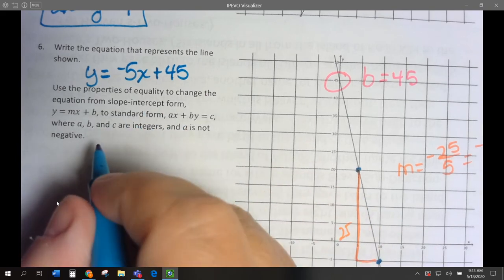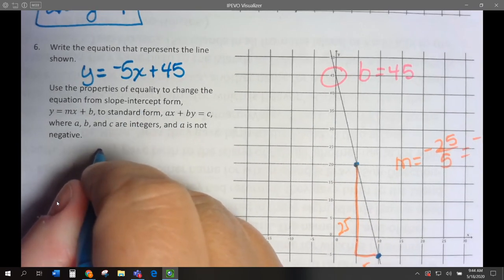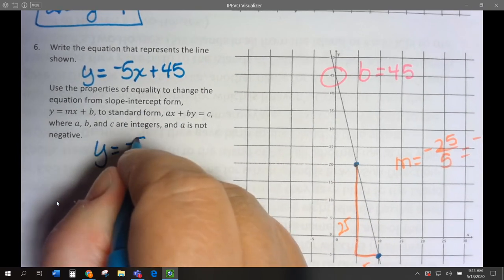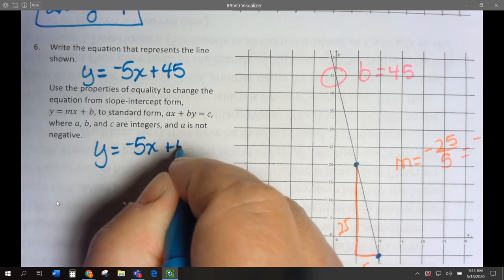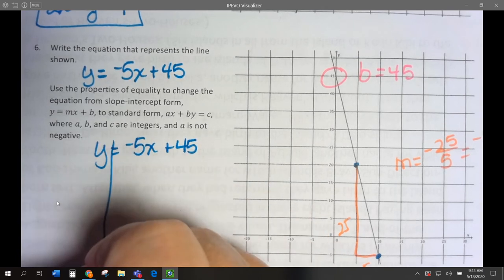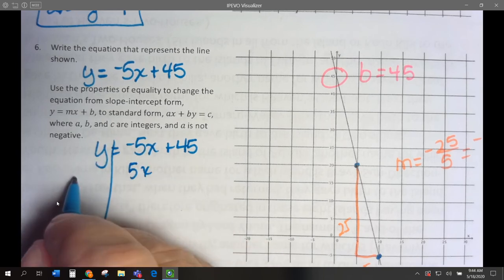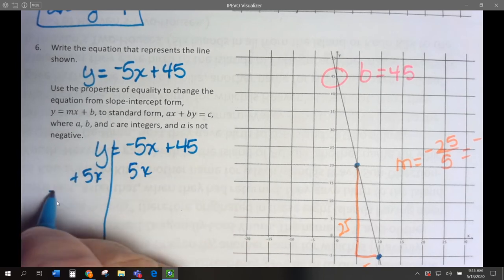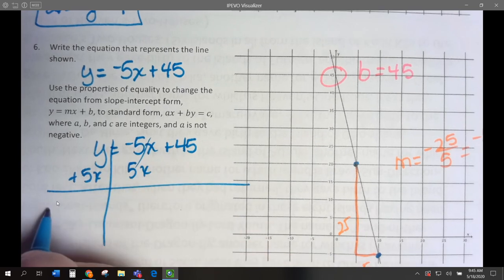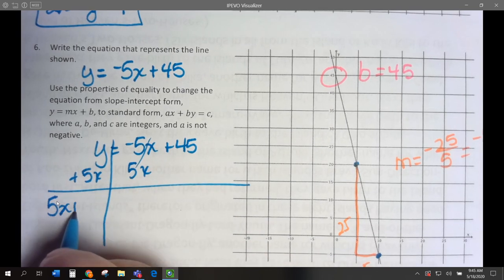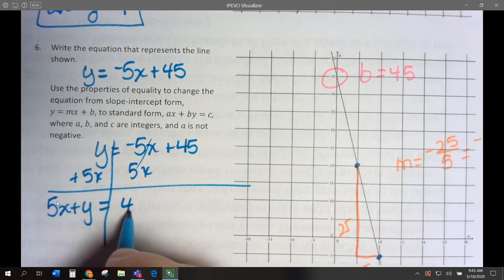To get this into standard form, I'm going to rewrite this. Because this is negative, I'm going to add 5x to both sides. These cancel, and I get 5x plus y equals 45.